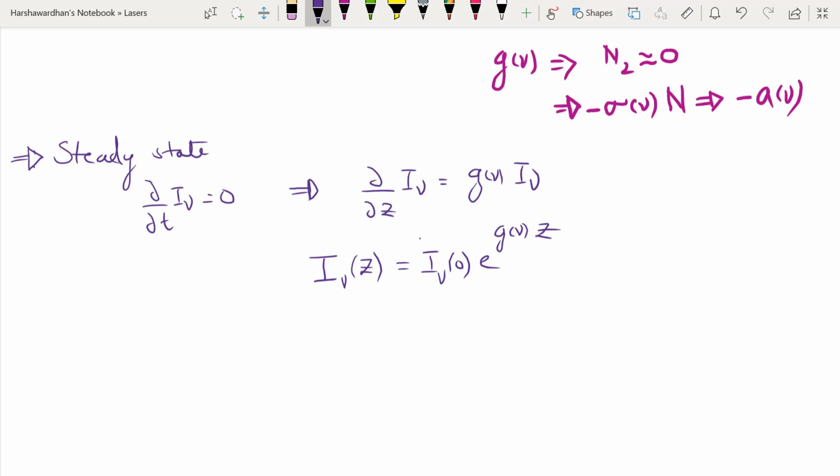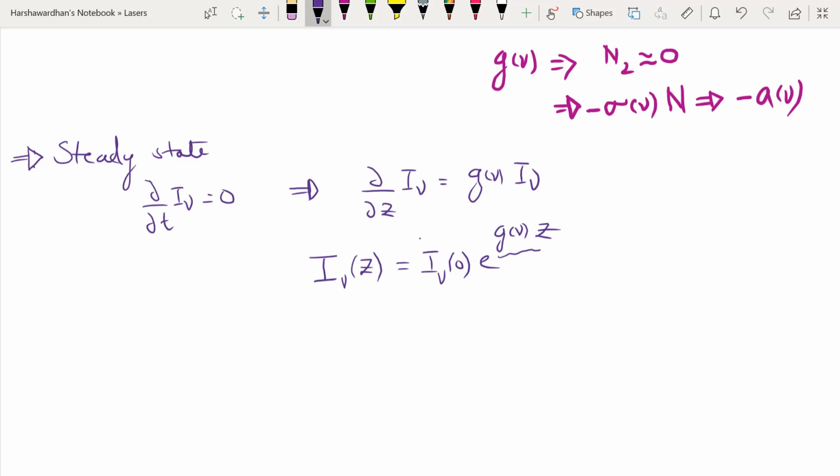That's going to be the solution for the above equation. And clearly, it tells you that the intensity is going to grow exponentially with this coefficient g(ν) as it propagates along the z direction, right? That is why it is called the gain coefficient, because it captures that exponential dependence.